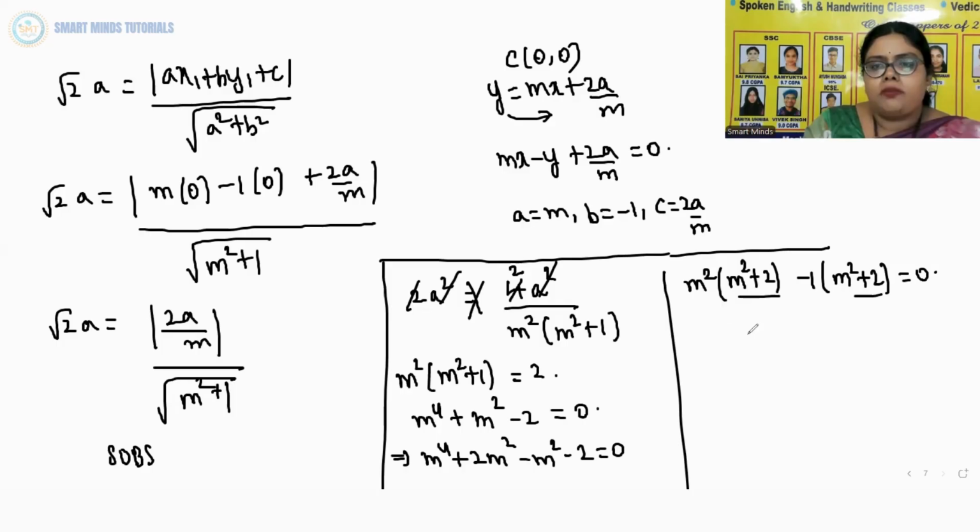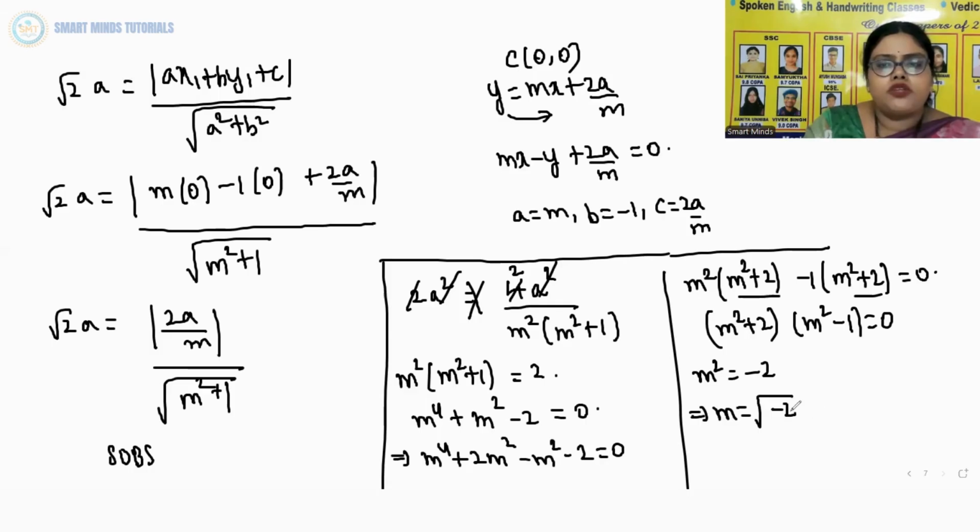So m square plus 2 common into m square minus 1 is 0. So m square is equal to minus 2, which means m is root over minus 2, which is a complex number, which is not a real number. Now if we take m square minus 1 is 0, so we get m square is 1 and m is equal to plus or minus 1.